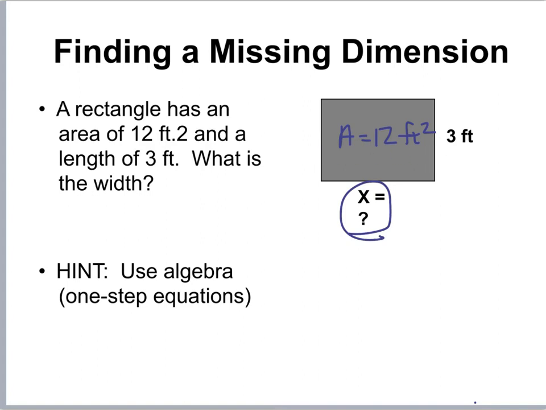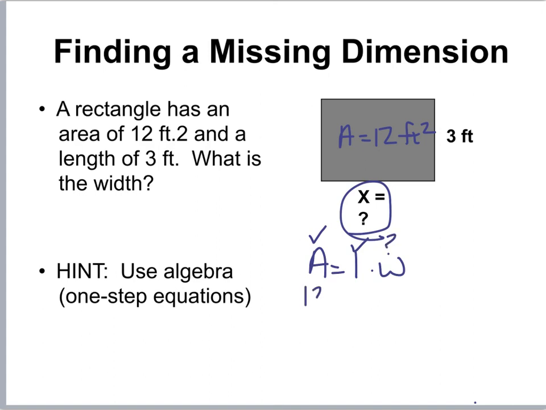And my hint says to use algebra or one-step equations. So let's first write out the formula for calculating the area of a rectangle, and that is length times width. So when I solve using algebra, I substitute into my equation the things I know. I know the area and I know the length, and I'm looking for the width.